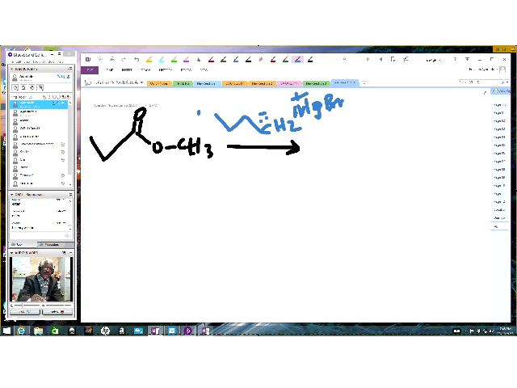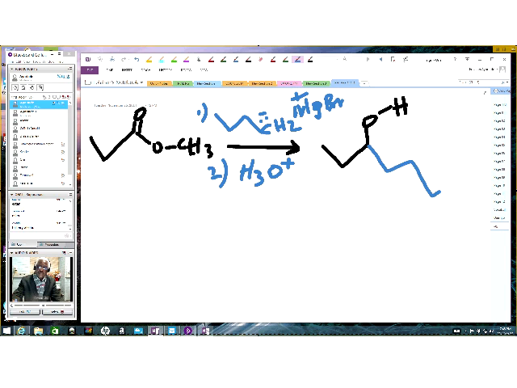Okay, of course, step 1, and then step 2, we have the hydronium ion. Okay, so this is the product we are going to get. Since you guys already told us that we are going to get a tertiary alcohol, so we have this. So this is the product. This is our tertiary alcohol.